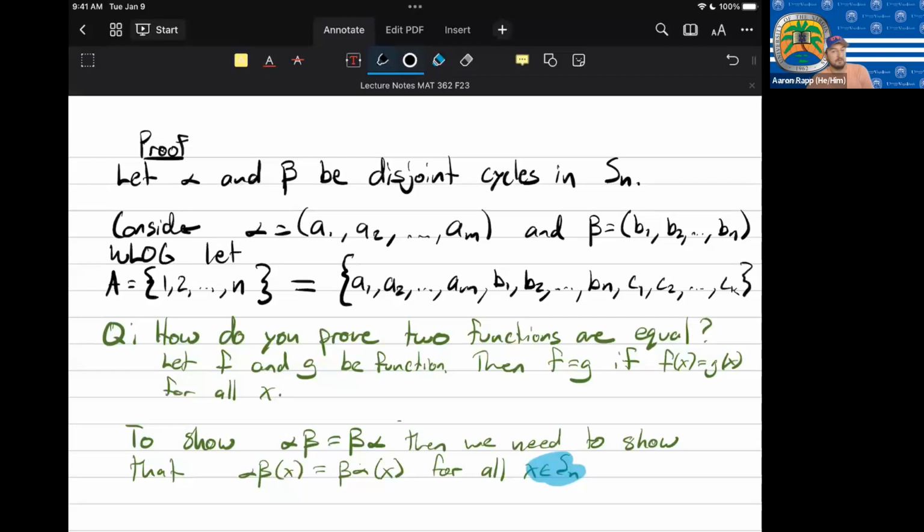And what we said was, because of how we know what elements are being permuted inside of this set, I can relabel it to where it was those three little pieces that we had before, right? It's everything that A permutes, everything that B permutes, and then everything that neither A nor B permute, which is where all those C's came from.